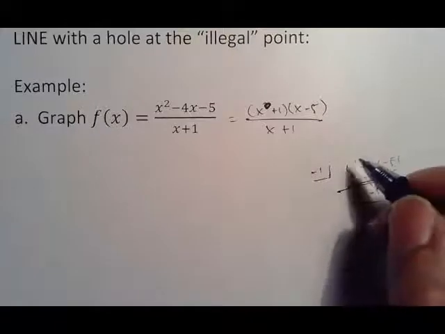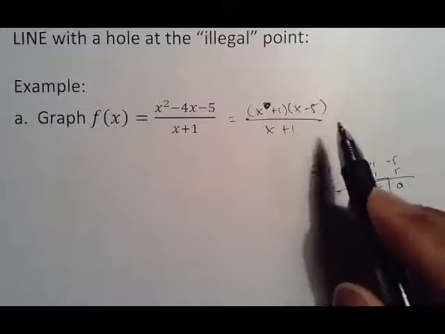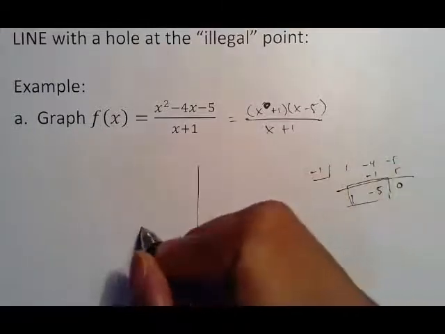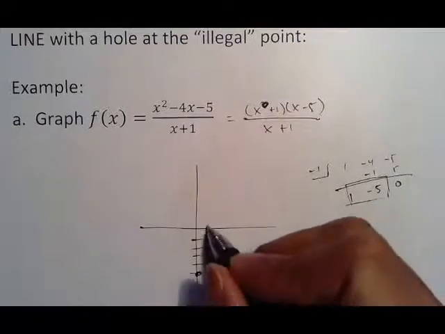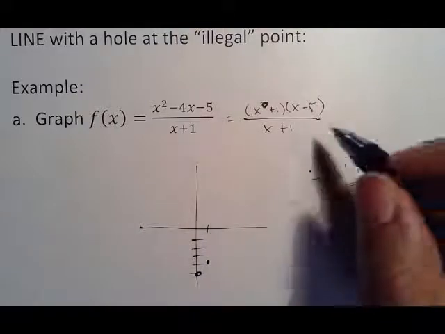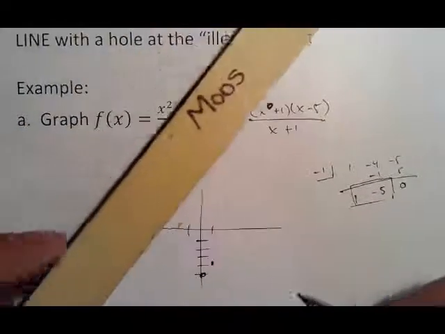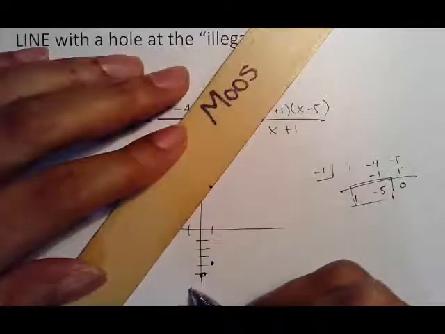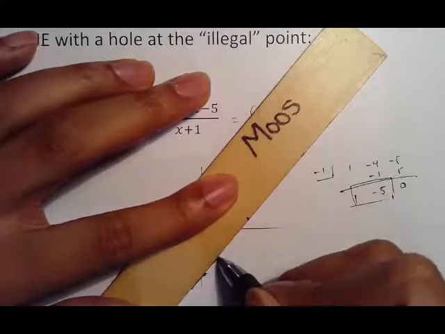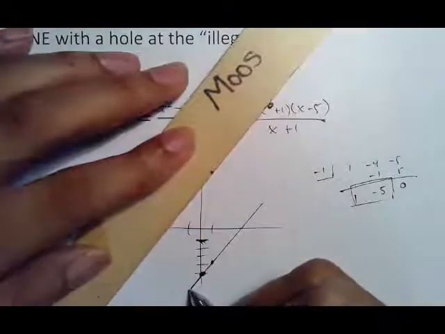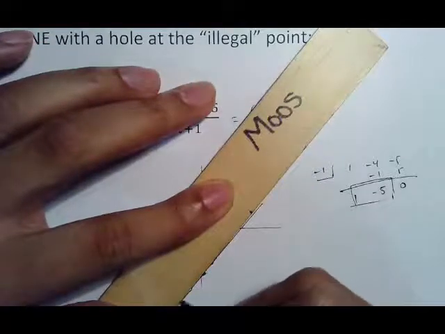So what would be a typical vertical asymptote is no longer an asymptote because this graph just turns into that line. So what you will do is graph the line, down 5, then up 1 over 1, being careful with the value of negative 1. At the value of negative 1, you put a hole and continue your line.